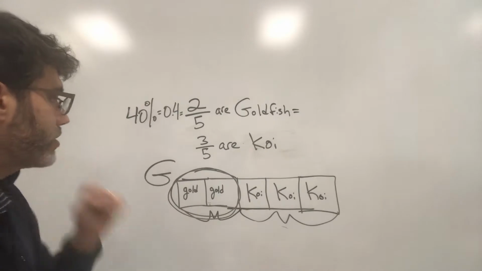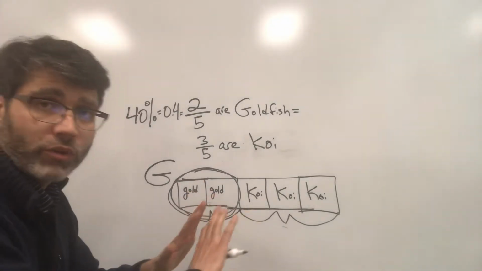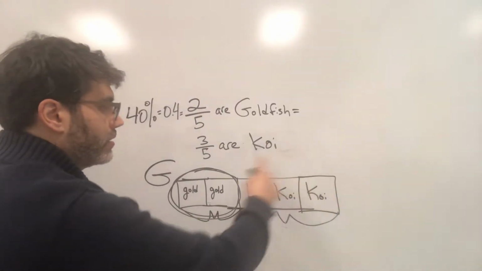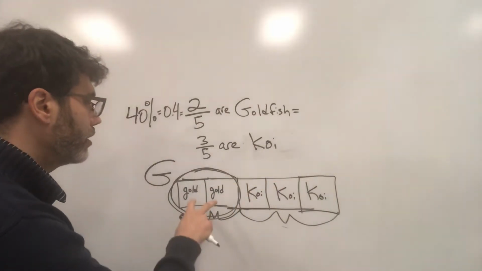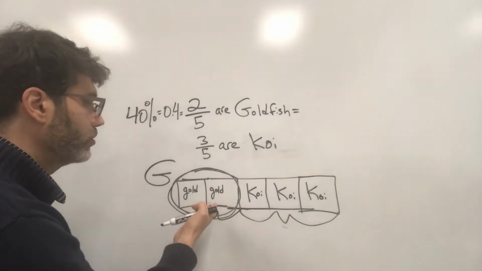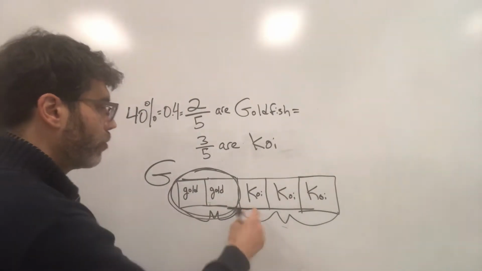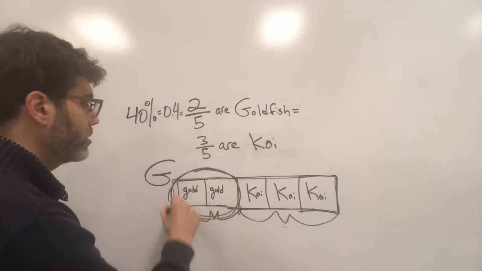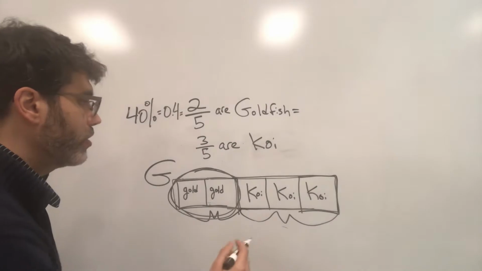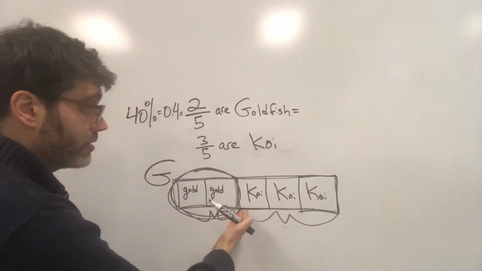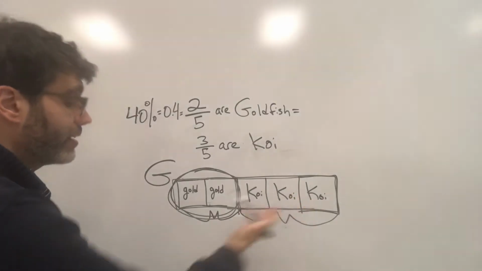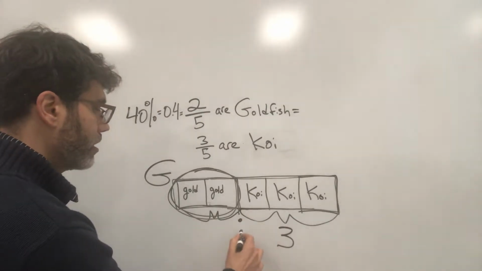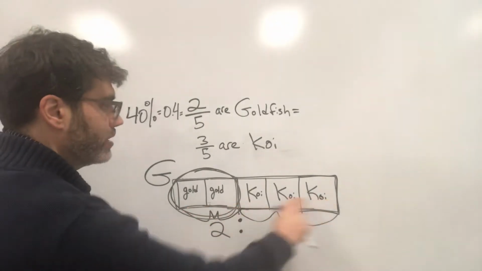Originally, before we add any koi, for every 3 sections of koi, there are 2 sections of goldfish. So there's definitely a ratio that's heavy on the koi side: 3 sections to 2 sections.